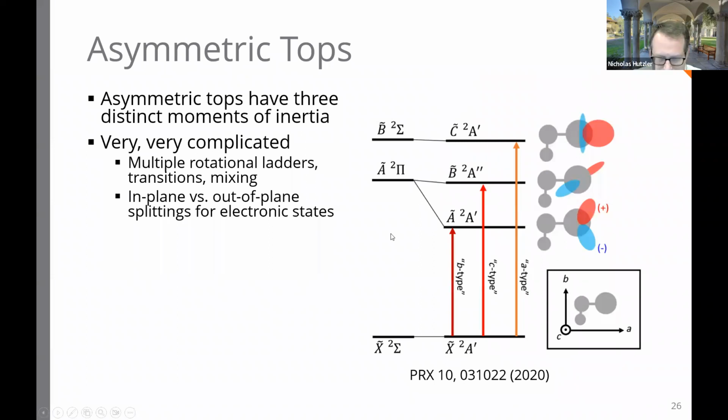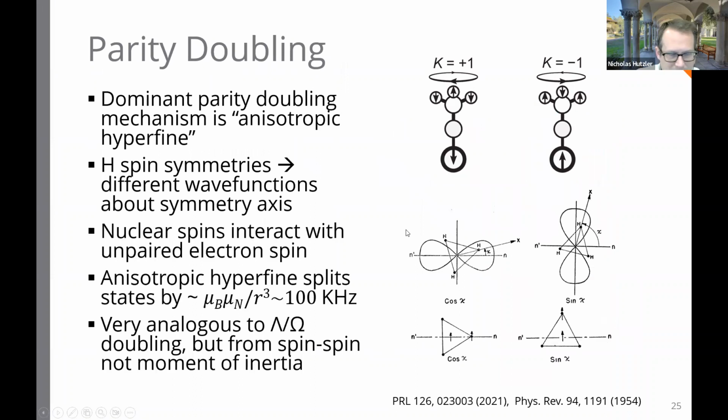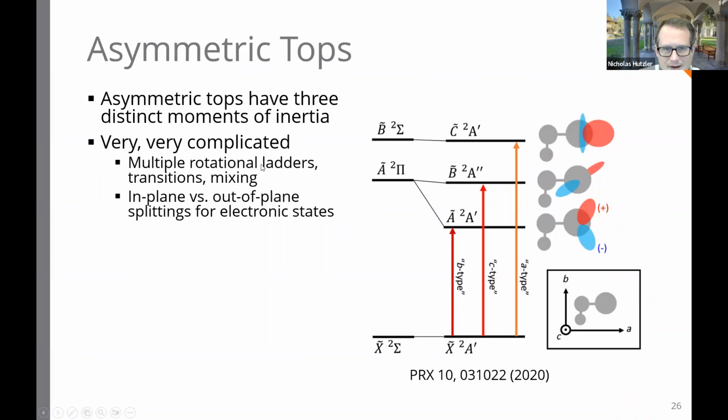There's an even more complicated type of molecule you can look at, which is asymmetric tops, which have kind of no symmetries in some sense. Or maybe they have a planar symmetry or something. But they have 3 distinct moments of inertia. They don't have any degenerate moments of inertia like a symmetric top or a cylindrically symmetric molecule would.